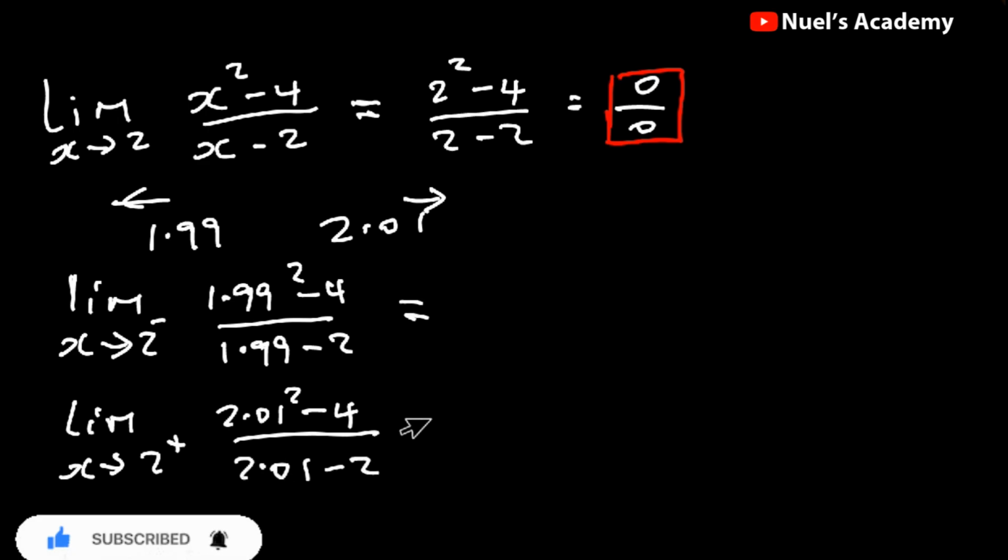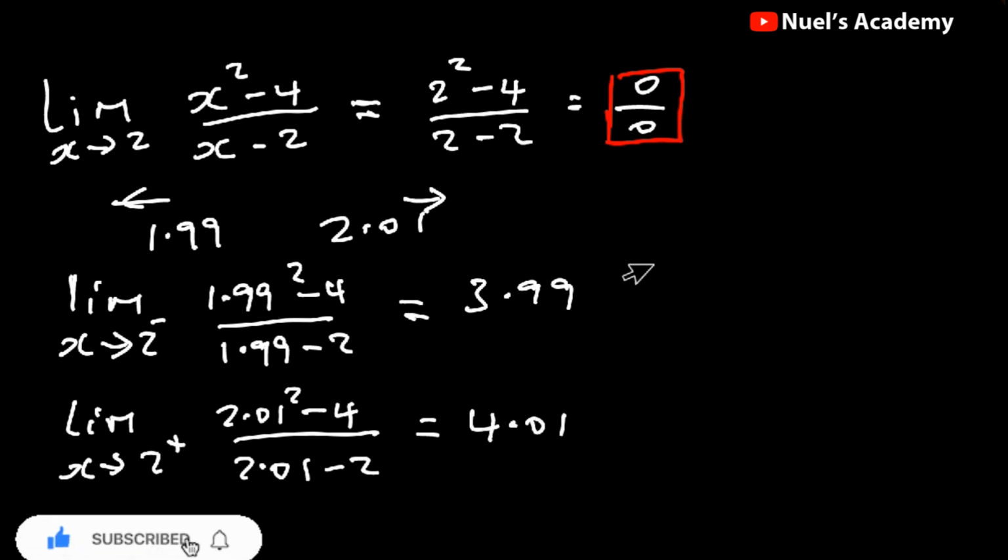So let's put this in our calculator and see what the answer will be. 1.99 squared minus 4 divided by 1.99 minus 2 gives us 3.99, and then 2.01 squared minus 4 divided by 2.01 minus 2 gives us 4.01.